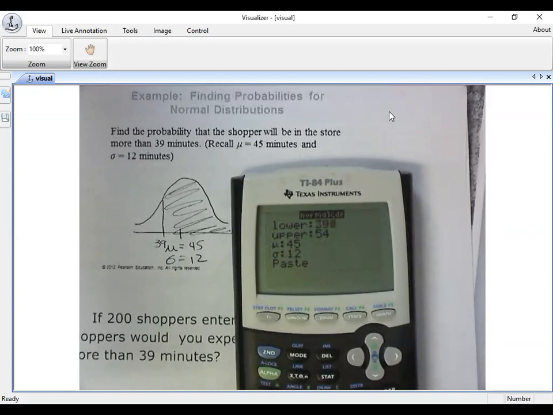That's the one furthest to the left. Now for the upper, this is again where I just want to put in a really big number. So maybe 100,000 or 1 million, something like that. My mean is still going to be 45. Standard deviation is still 12. That looks like, rounded to 4 places, I get 0.6915. Okay.